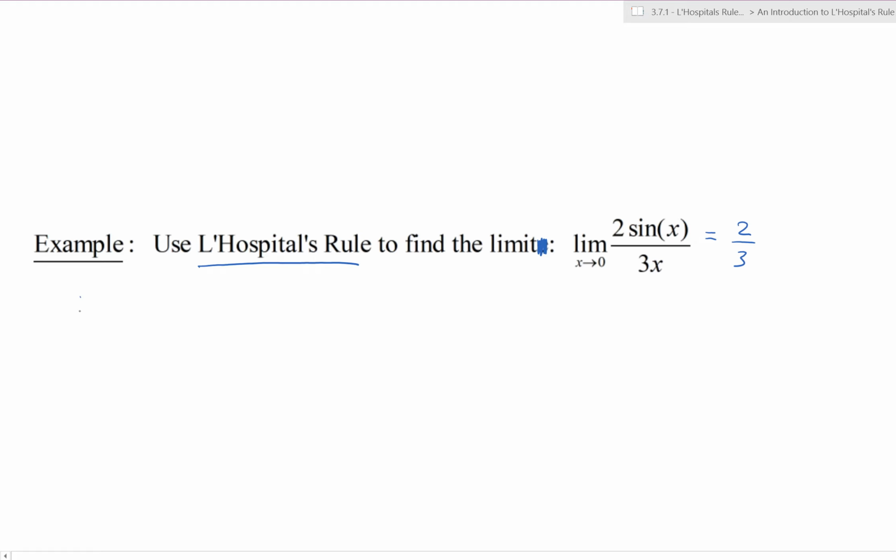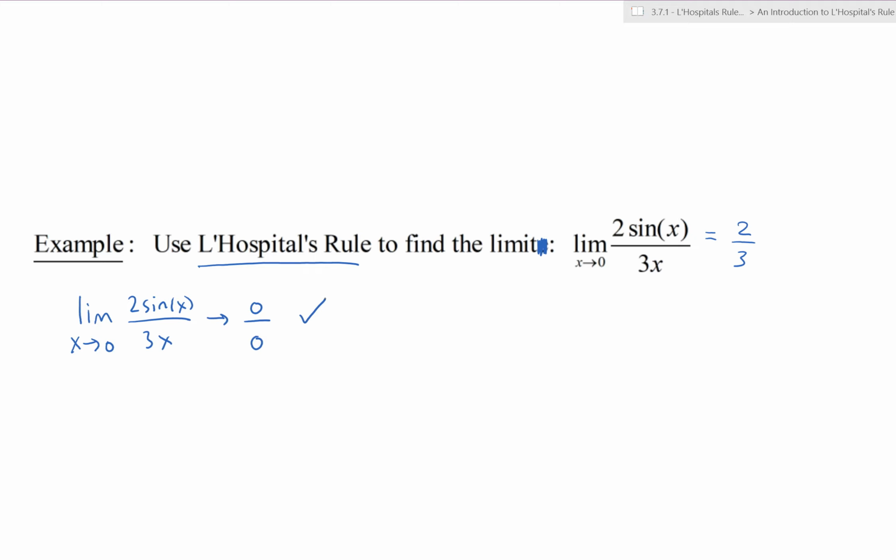So how to approach this? Well, let's just start with the limit as x approaches 0 of 2 times the sine of x over 3 times x. Notice that in the numerator, as x approaches 0, 2 sine of x approaches 0. And in the denominator, as x approaches 0, 3 times x also approaches 0. And so first of all, we have an indeterminate form, in this case 0 over 0.